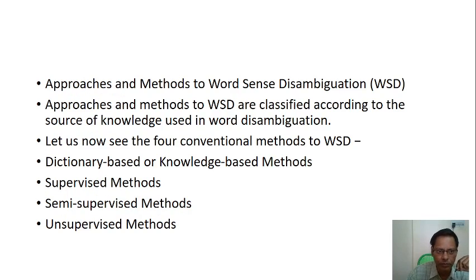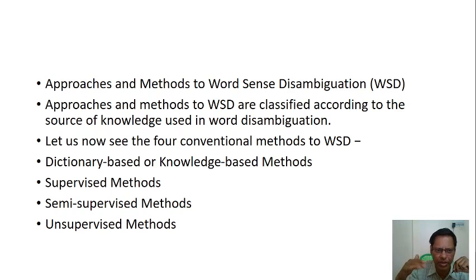Approaches and methods to word sense disambiguation. The approaches and methods to WSD are classified according to the source of knowledge: dictionary-based methods, supervised methods, semi-supervised methods and unsupervised methods. As I just told you, with dictionary-based methods, the meaning may change more or less from word to word, from place to place, from dictionary to dictionary.